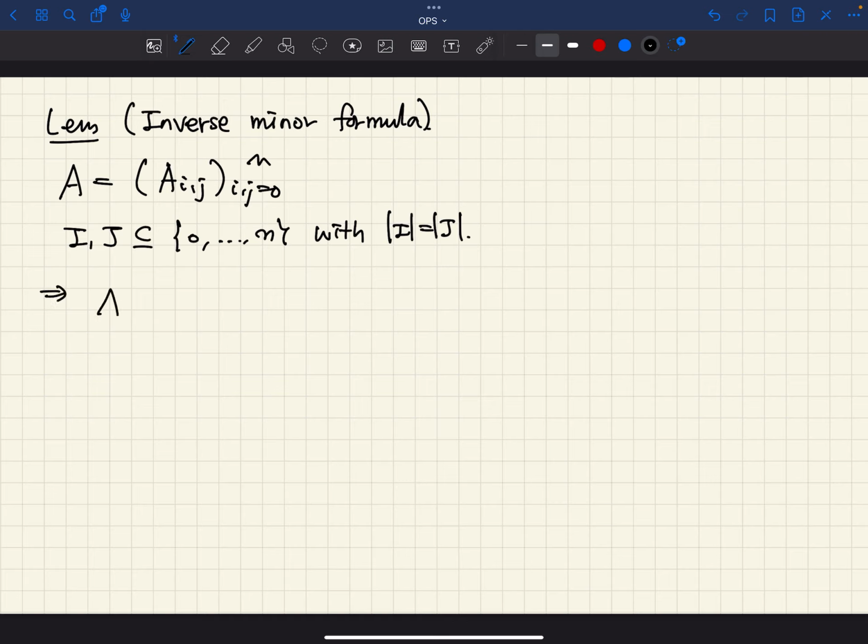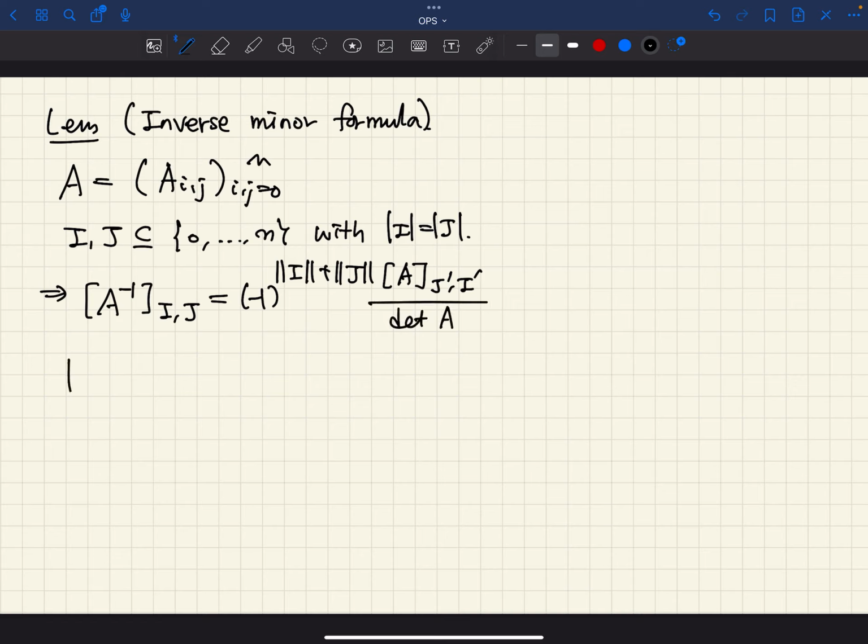Then for the matrix A inverse, we can consider the minor I comma J, and this can be computed in this way. I'm going to explain what this means: A_{J'I'} over the determinant of A, where |I| means the sum of all elements in I, and I' means the complement of the set I. This is a well-known theorem.